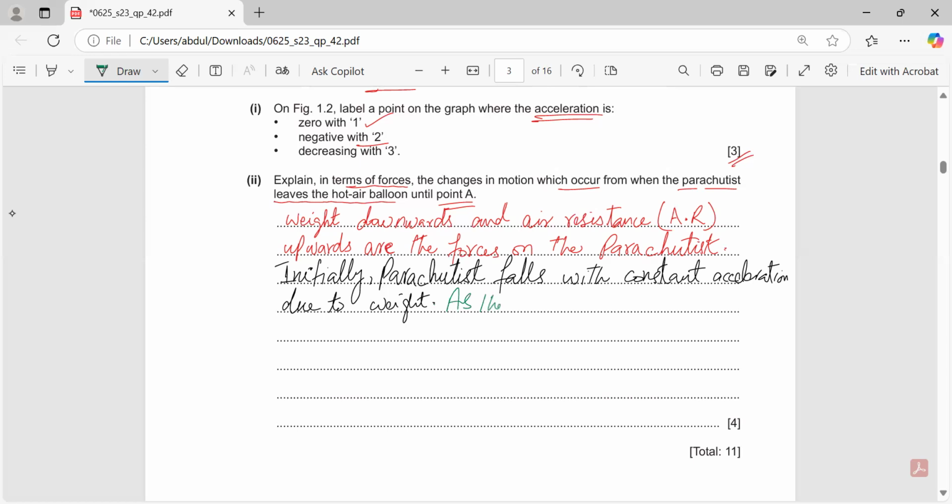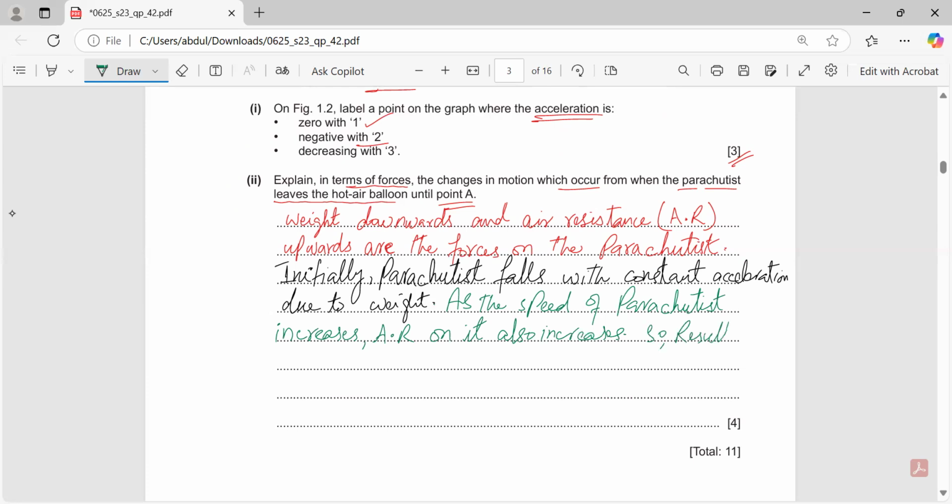Now another point: as it is accelerating, its speed is increasing. So as the speed of the parachutist increases, air resistance on it also increases.